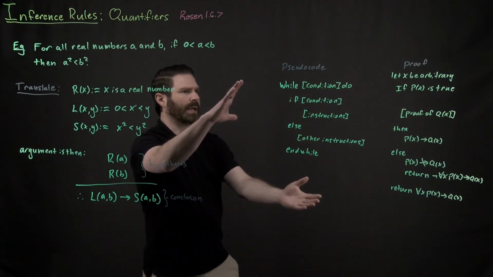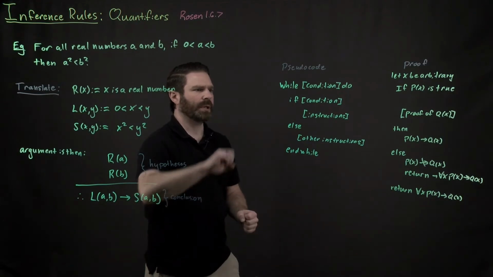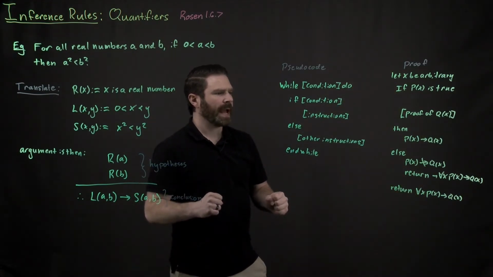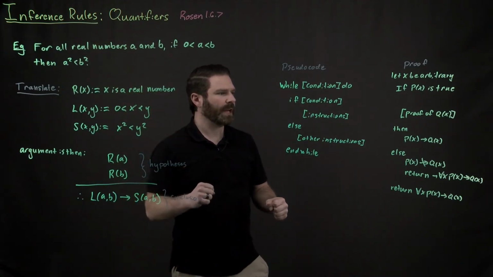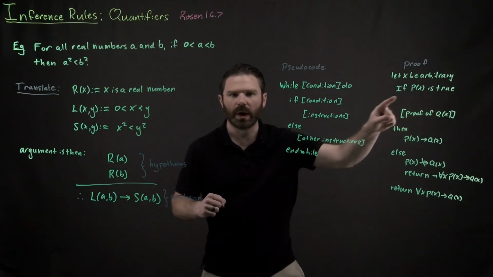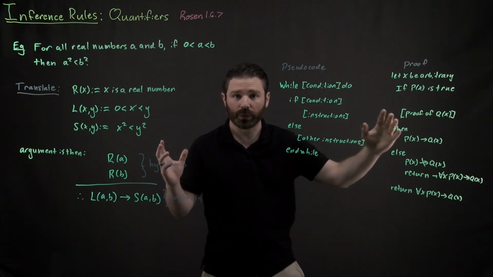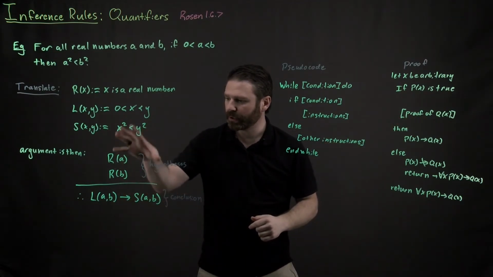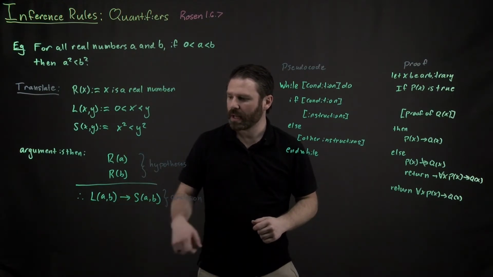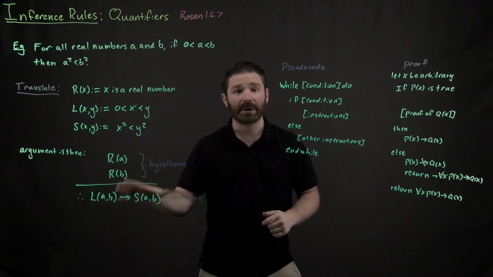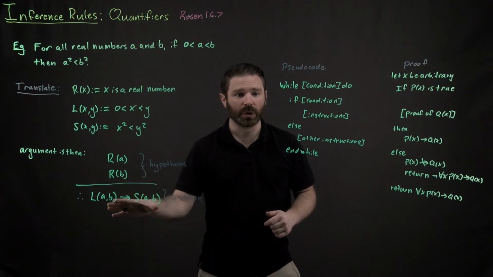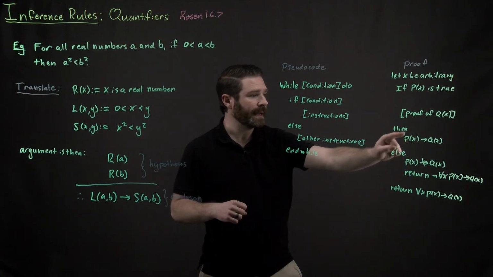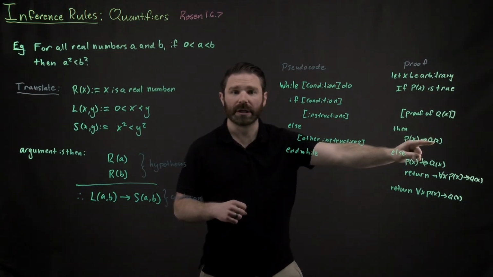We had an analogy between how pseudocode and proofs kind of work. And with our inference rules, we have been looking at different ways to look at proofs of different arguments. Indeed, when you are presented with an argument, we are trying to show that our hypotheses imply that our conclusion is true.